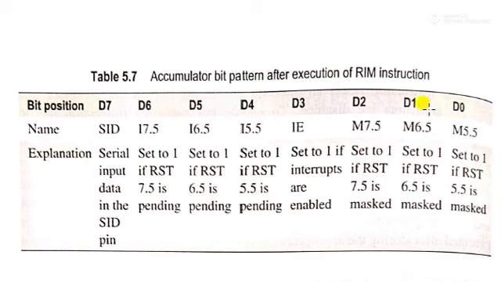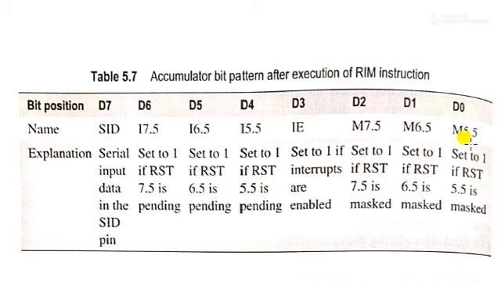Here D0, D1, and D2 are for the mask status of the interrupts RST 5.5, 6.5, and RST 7.5. That means you can see from here which interrupt was previously masked or unmasked. That is M5.5, M6.5, M7.5.